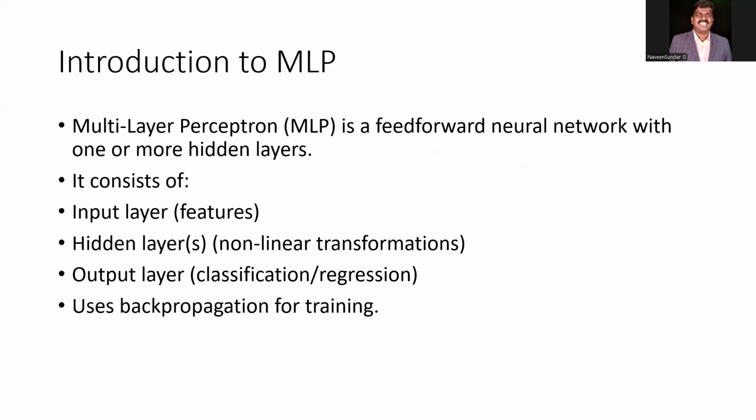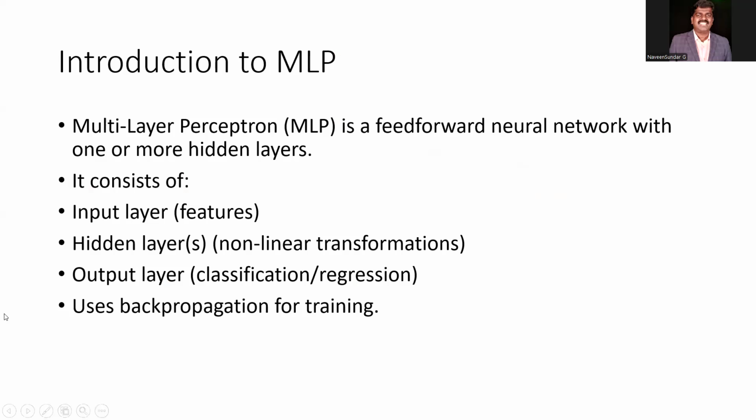Now when we look at MLP, till now we have seen how to multiply with the weight and how to add the activation to get the hidden layer. Now we will see what MLP is all about. It is a feed forward neural network which has one or more hidden layers.